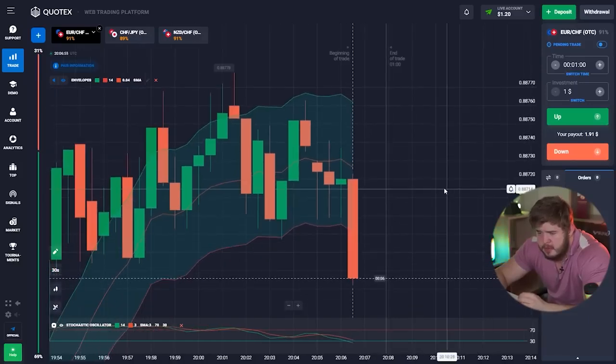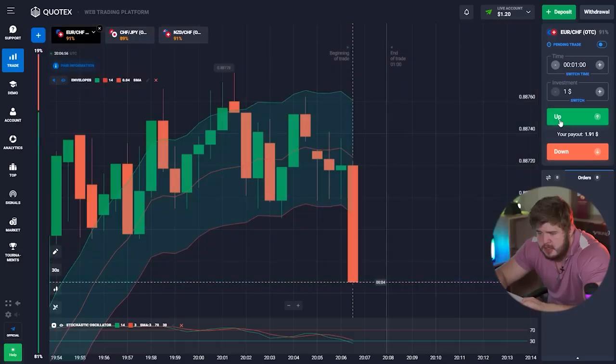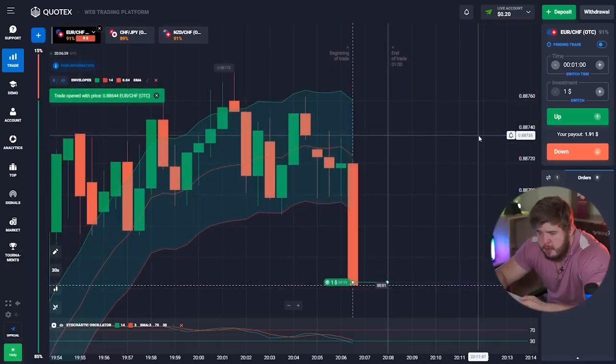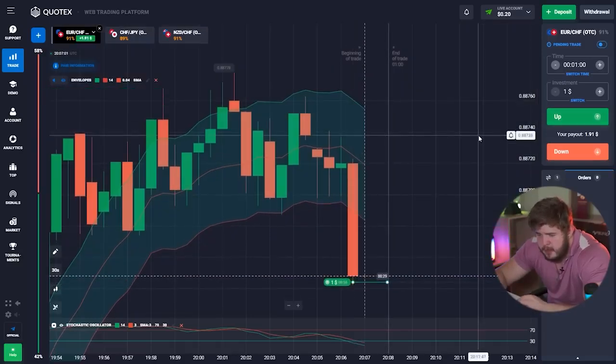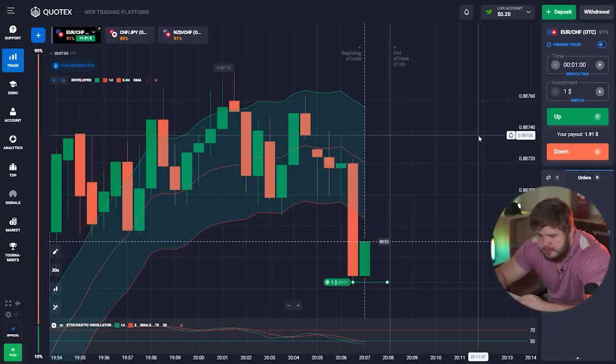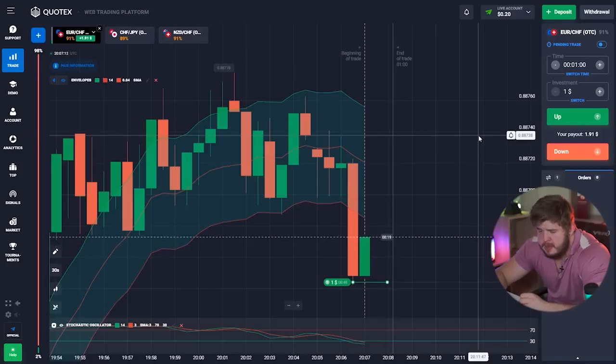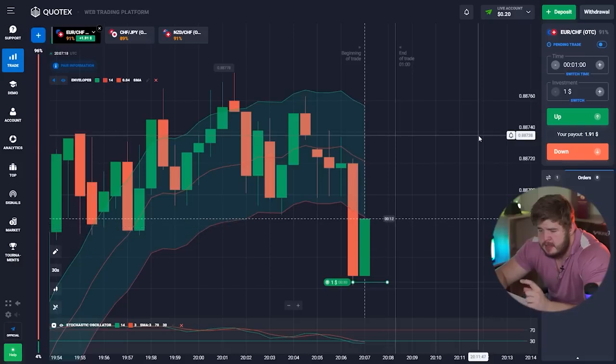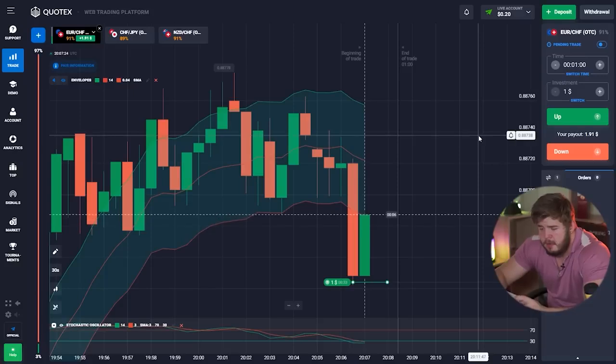So as I have already told you, you can see clearly the channel with the floor and the roof and the moving average line, which is in the middle of this channel. We opened a buy trade because the price, you can see clearly the big red candle that has broken the floor of this channel.